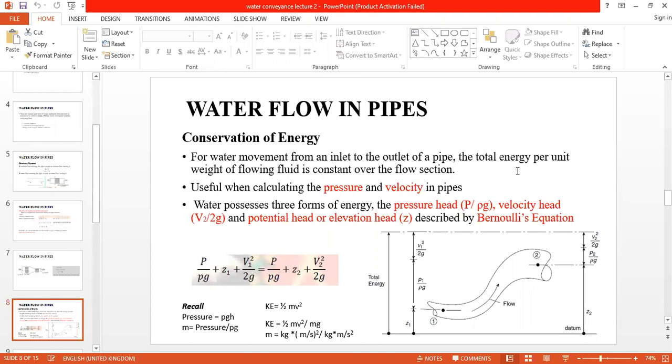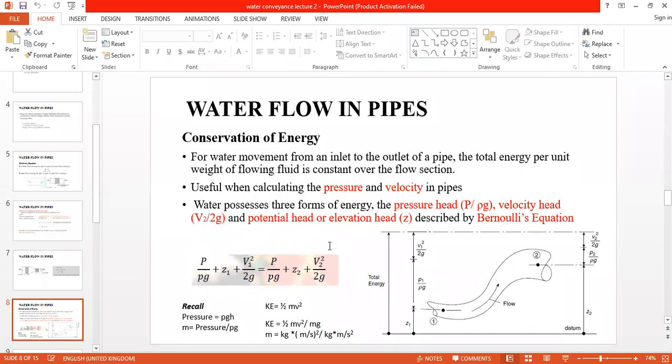Then we have the kinetic energy, which we talked about yesterday, which is due to the water moving. Then the third form is potential energy, or gravitational energy or elevation energy, which is the energy possessed by water due to its elevation.